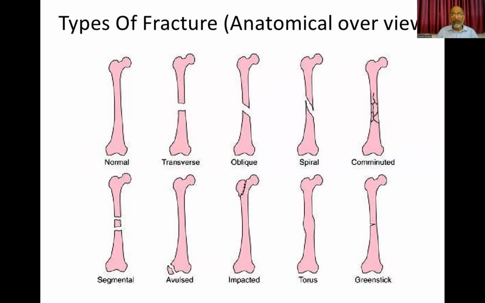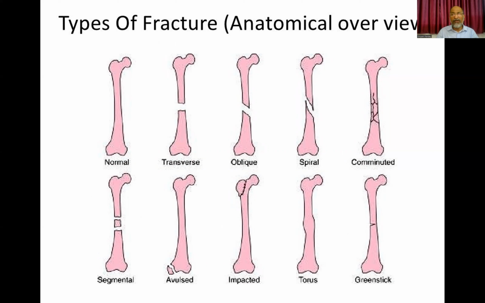Then the types of fracture according to their shape or geometry. You are seeing on the top left the normal bone, the femur. Then you have a transverse fracture, because the line of the fracture is transverse, at 90 degrees to the long axis of the bone.